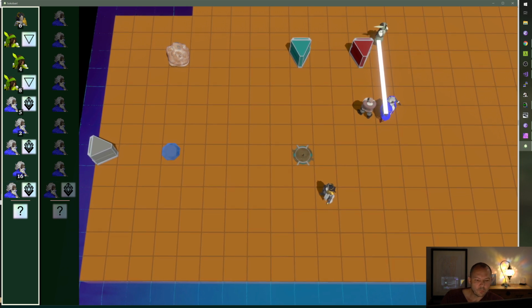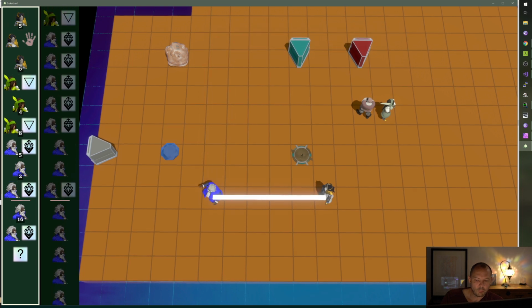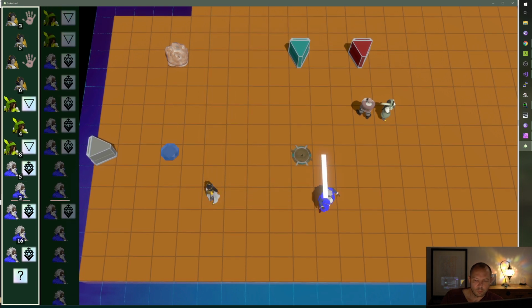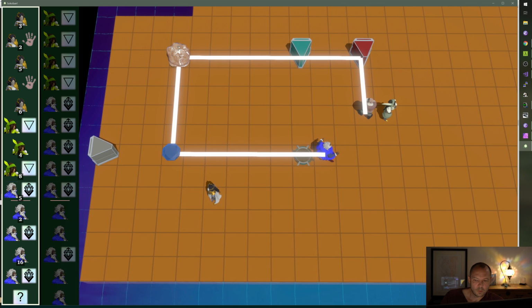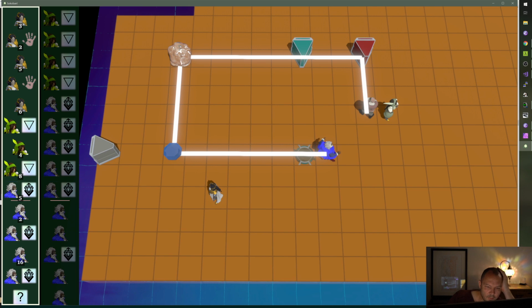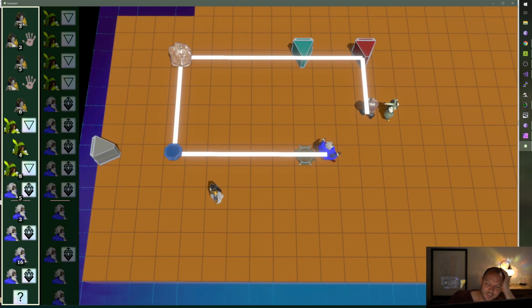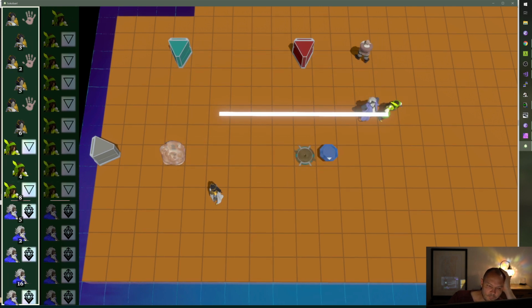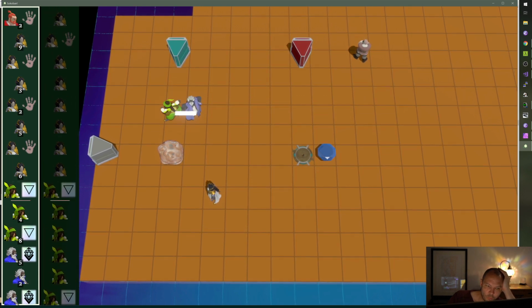Wizard teleport. Wizard walk 16. Wizard swap. Wizard walk 2. What? Oh, those are 5 teleports, right. Boom. 8 drags. 4 moves.